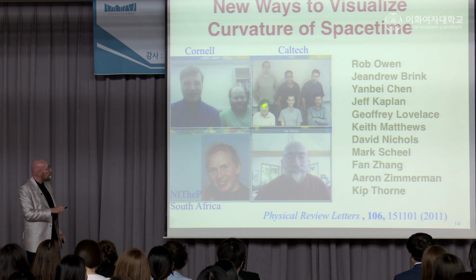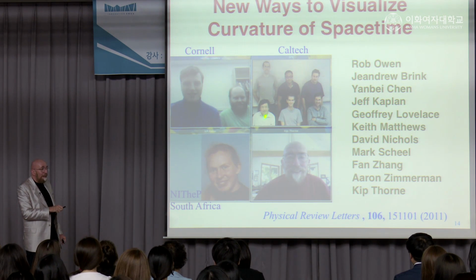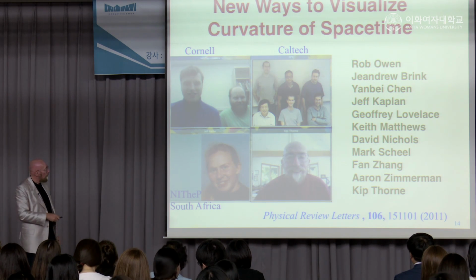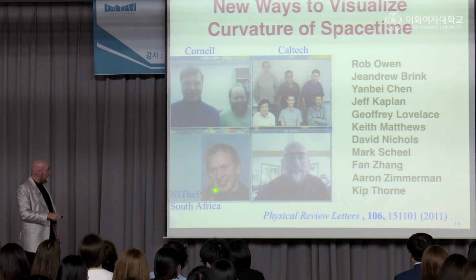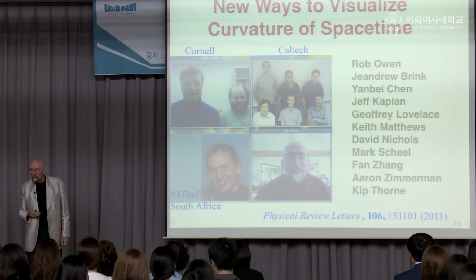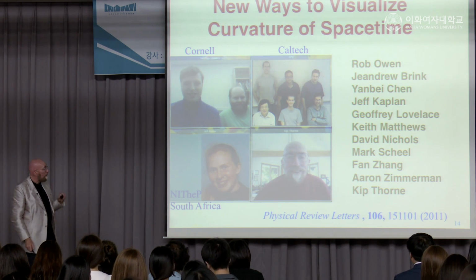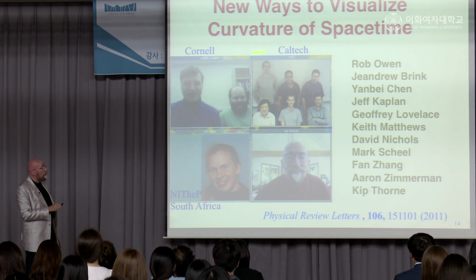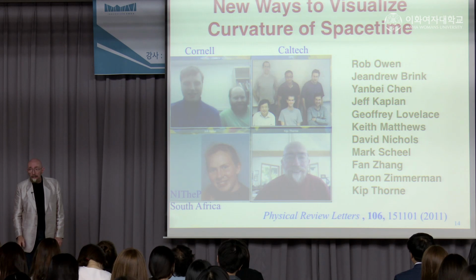These are the students of Yanbei Chen, who took over from me as one of the new leaders of my old research group, and Jean-Drew Brink, a brilliant young woman in South Africa, who was another of the leaders of this collaboration. And what we did was we invented a new way to visualize the curvature of space-time.